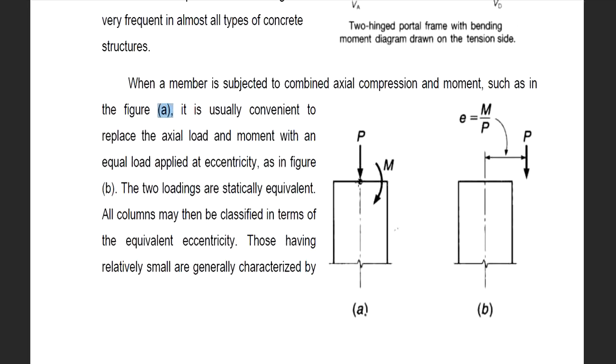You can see at this particular point a load is acting and a moment is acting. How can I replace this load and moment with a single point load? If I provide the load at a certain distance e, that distance should be M divided by P, that is the eccentricity e.